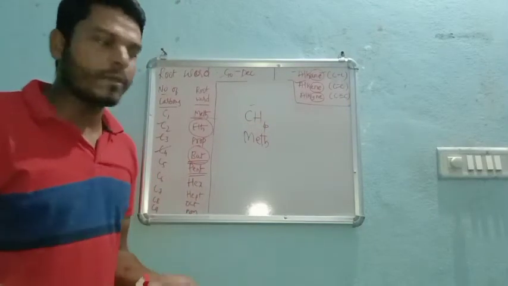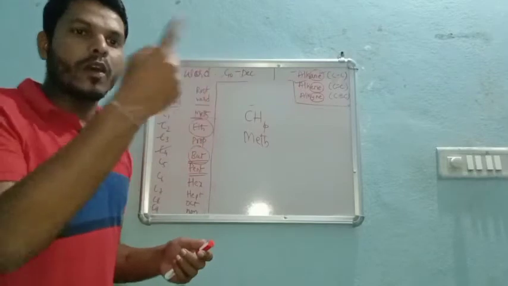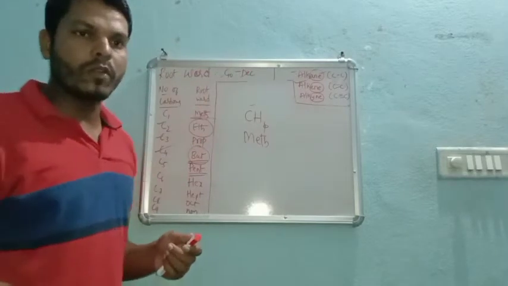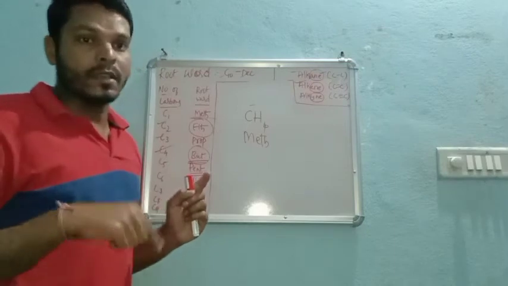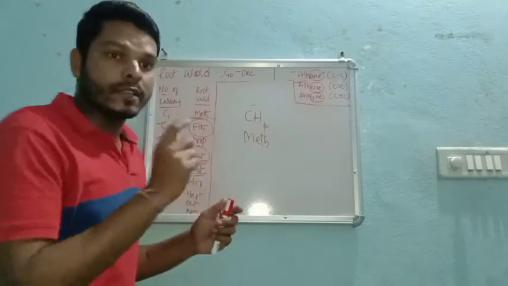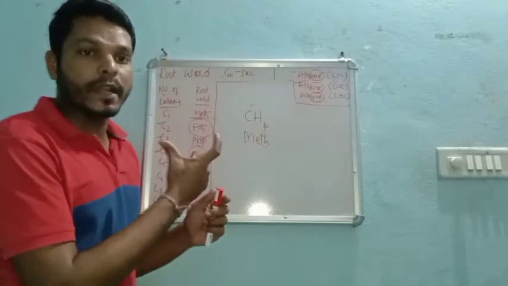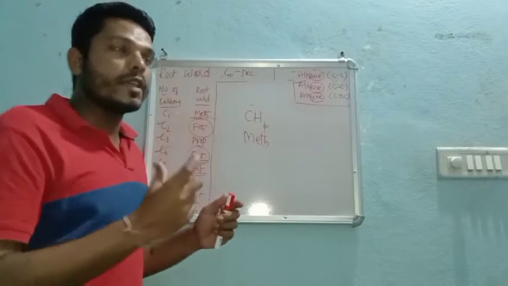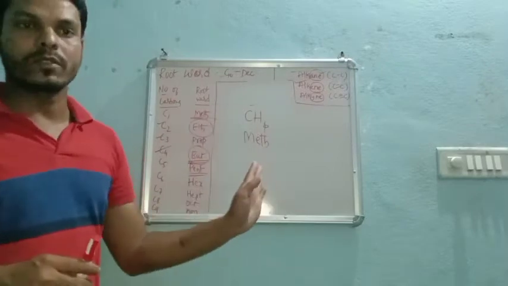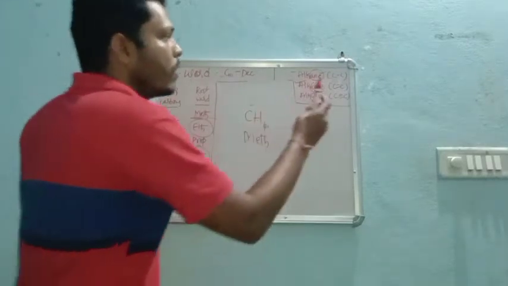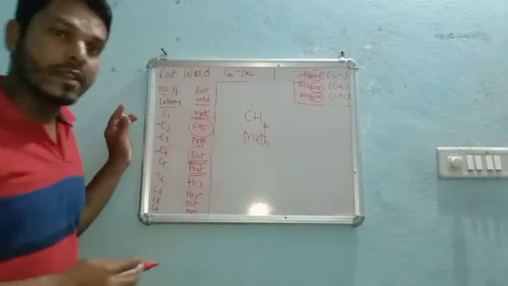If it is one carbon atom, then around it there may be single bonds only with hydrogen. In the sigma and pi bond class, I explained that a bond between carbon and hydrogen is always a sigma bond and always a single bond. So that's why we use the suffix ane.